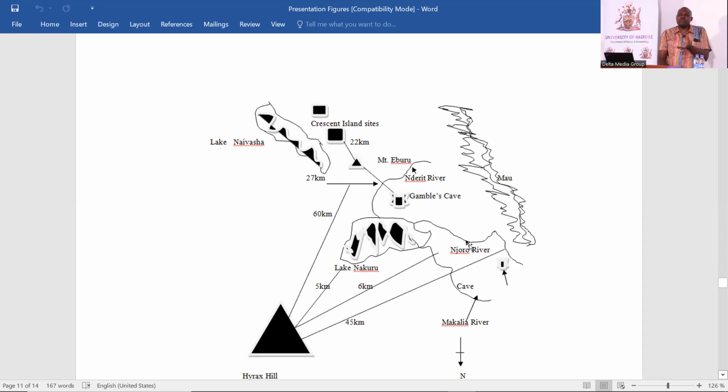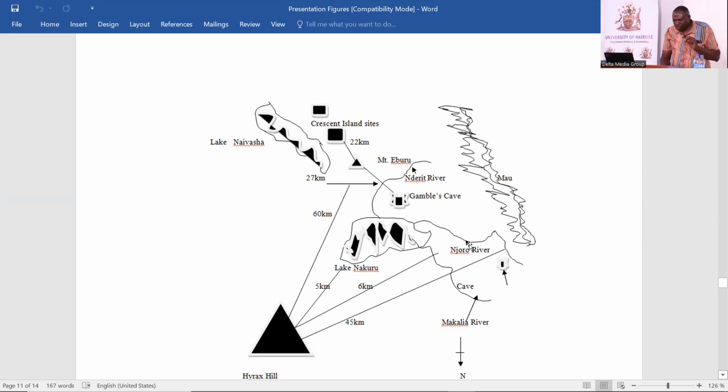Some of these concepts were borrowed from biology, from the way animals behave within a territory. Animals don't want to expend more energy. But brought to human beings, the optimal foraging theory or model identifies what we call optimal relationship between costs and benefits. How far do you want to go? Do you unnecessarily want to go far to exploit resources, or can you exploit those resources within a given range?